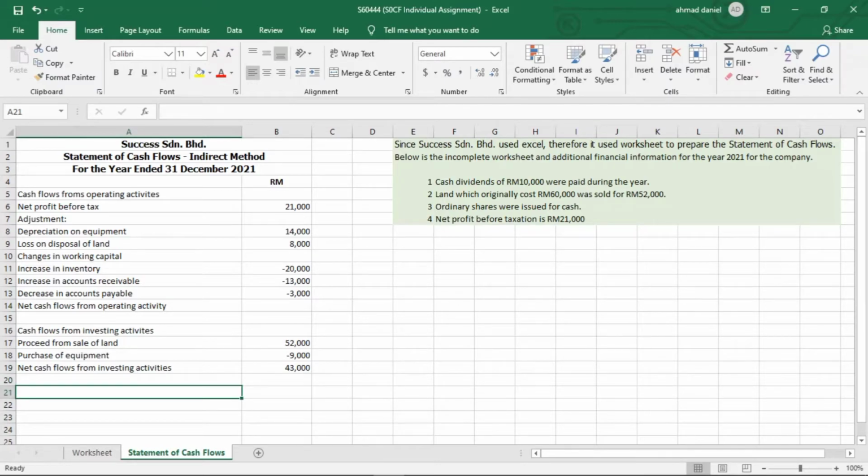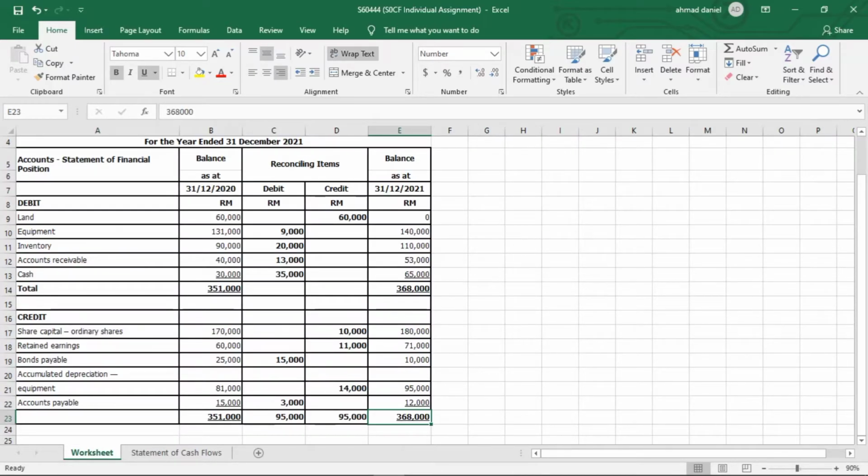Okay, thirdly is cash flows from financing activity. The items are payment of cash dividends taken from additional information number 1. Then another from additional information number 3, which is issuance of ordinary share capital. Then from the worksheet we will take bonds payable.